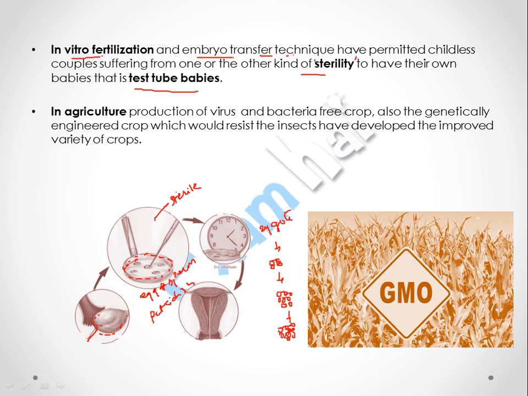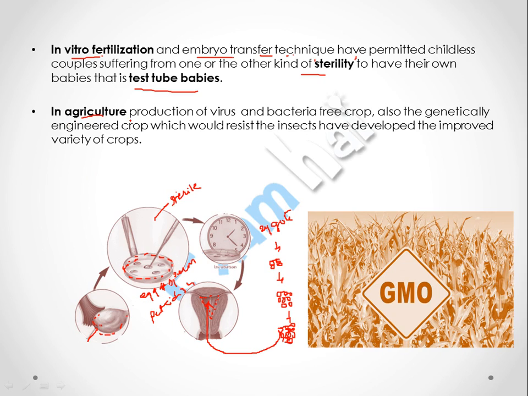After which it is inserted inside the female uterus, after which these cells will adapt to the internal environment of the uterus and will start developing on their own. And when the baby develops after 9 months, the baby will be healthy and fully developed. Okay, so this is in vitro fertilization.